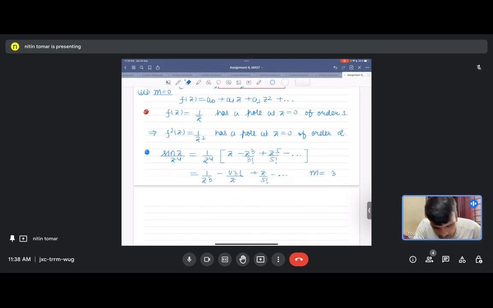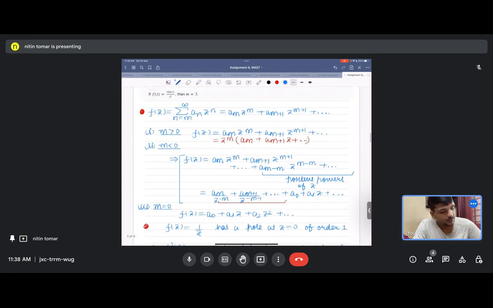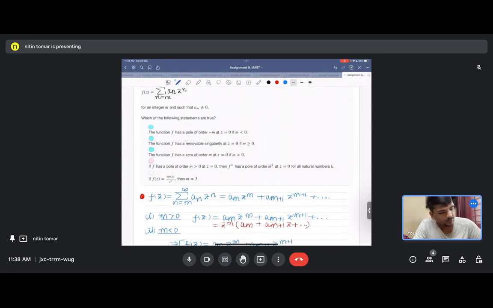So in this case it is minus 3, so this option is false.